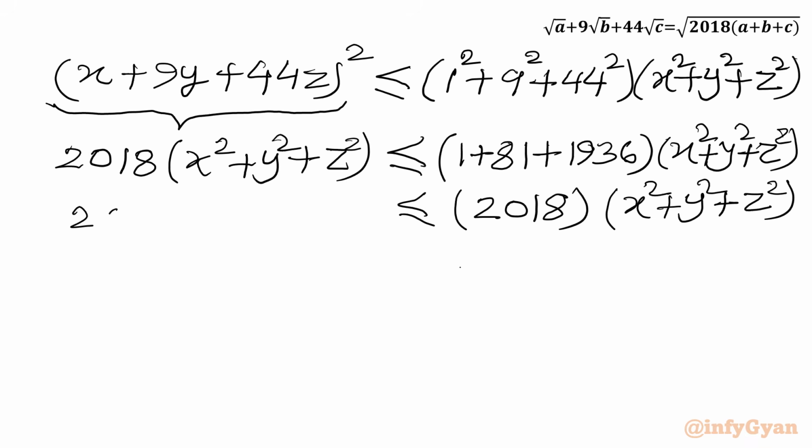In the LHS we have the same 2018 times (x square plus y square plus z square). So both sides are equal to each other.